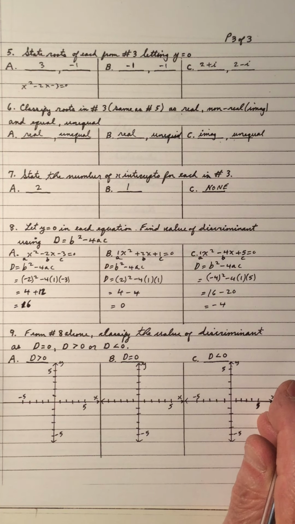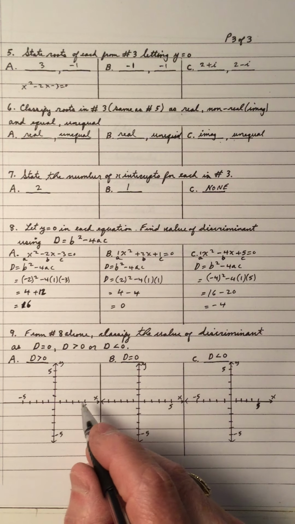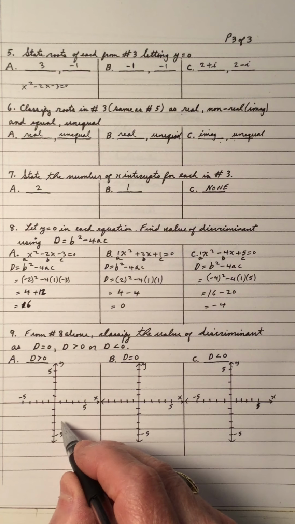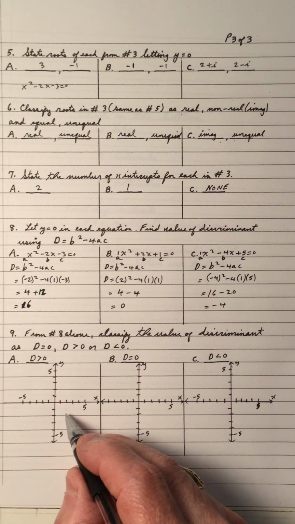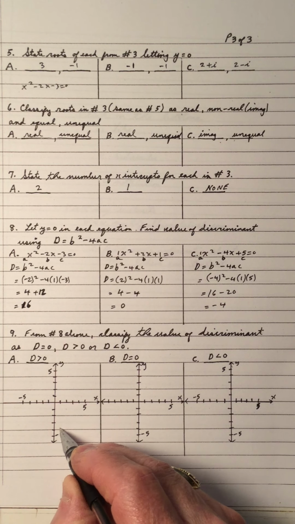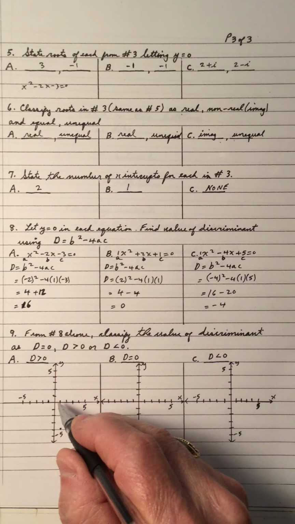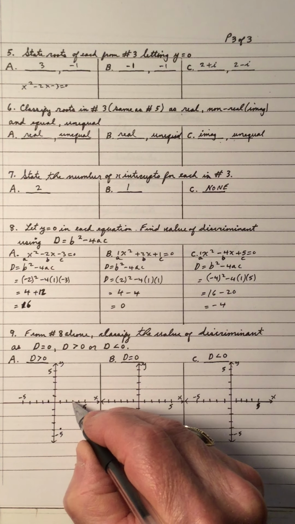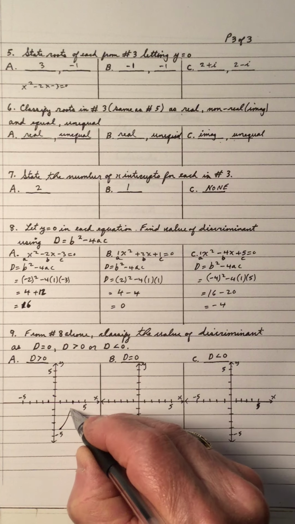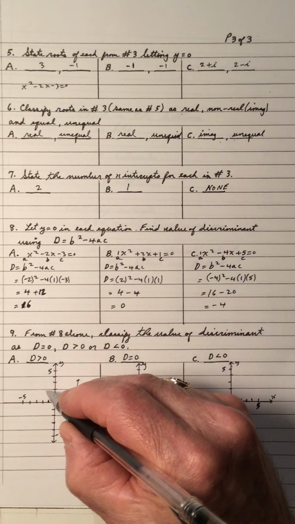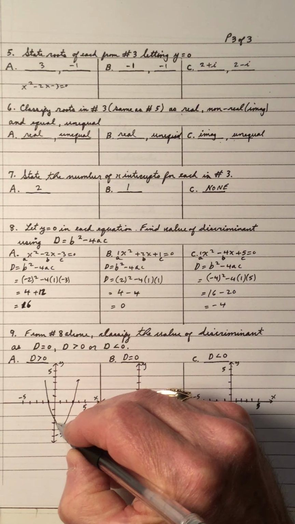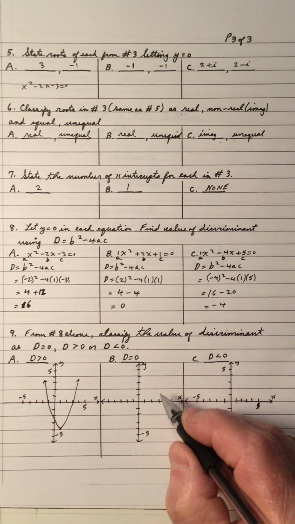Well, here we go. Let's draw a quick picture of the graph. I'm going to draw this graph on number 1 again, just redraw it. There's the vertex, there's the x-intercepts, so on. There's the y-intercept. This is a graph over again that I did before on the other page, but I just wanted to draw it to show you.